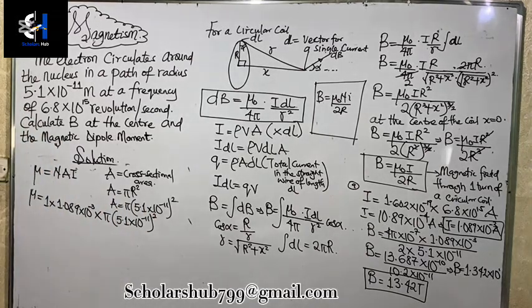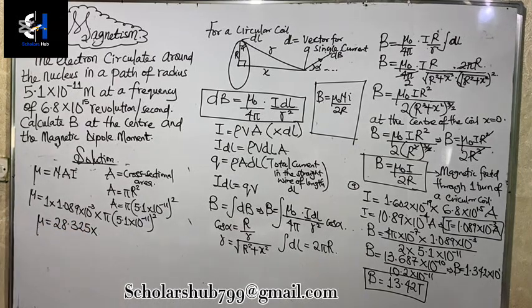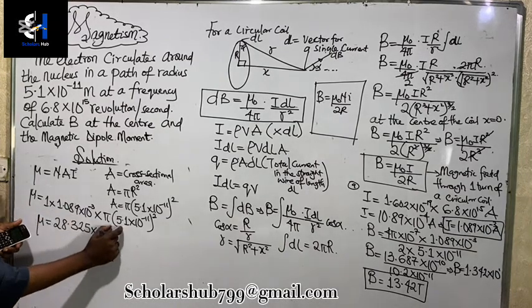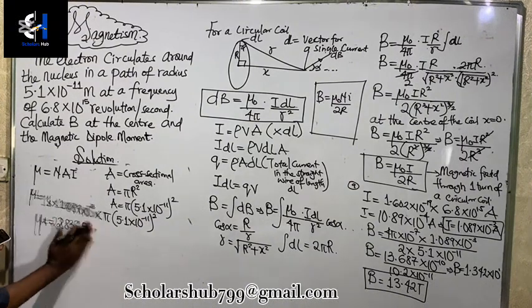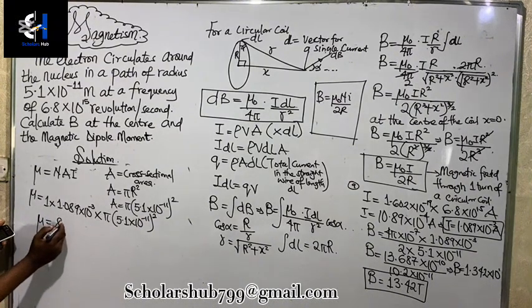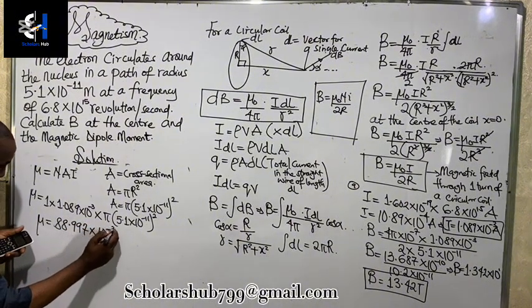All right, so now 5.1 squared multiplied by 1.089 equals 28.325. Then multiply by 3.142, which is the value of pi. So this is going to be 8.997 times 10 raised to the power of -3.